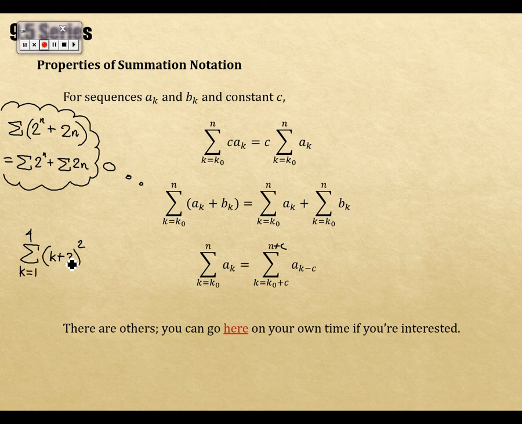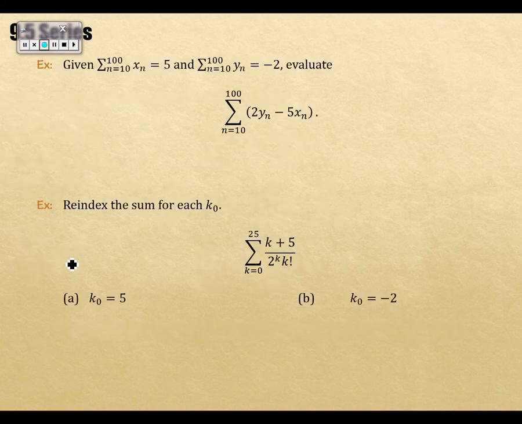Oh, yeah. All right, so that's called re-indexing, and you're welcome to do that anytime you want. Sometimes it can make a sum that looks terrible look nicer. So there's a link if you want to go study other properties of summation notation. There are a dozen or more of them. Interesting things we can do to sums, just for fun.